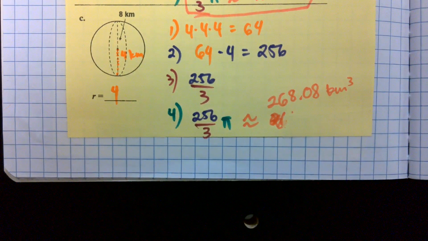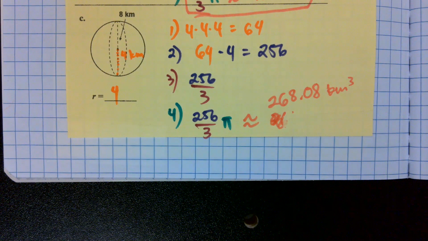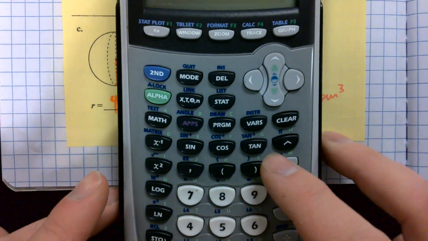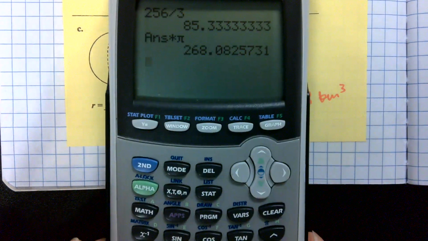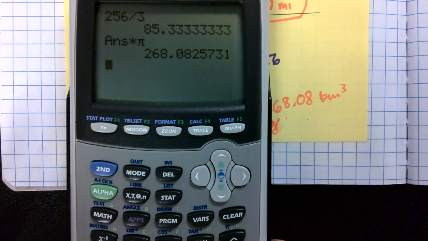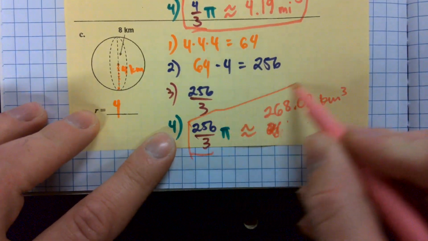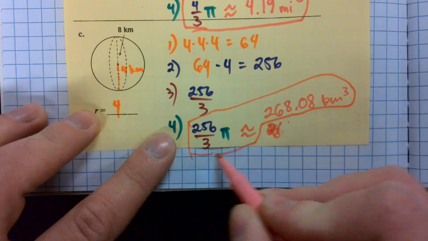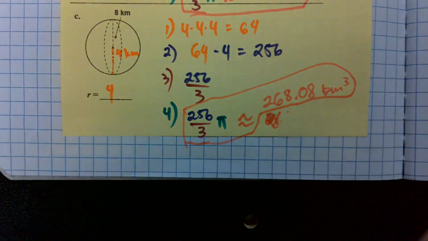I gave all my calculators away, so I'm going to have to trust you on that. If that's wrong, don't blame me. Let's double check. If I do 256 divided by 3, multiply it by pi. There we go. 268.08. Perfect. Great job. There is our answer: an exact answer and a rough answer.